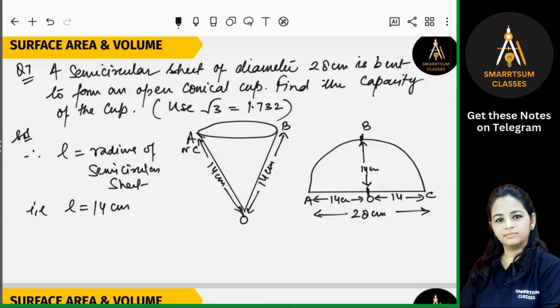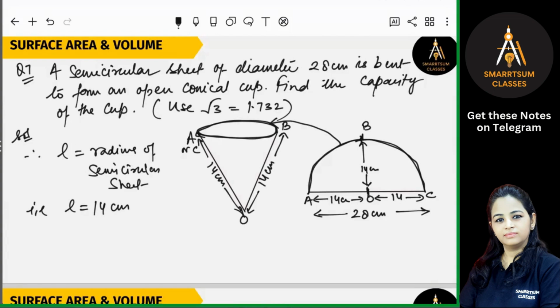One thing more which you have to notice here is the circumference of the base of the cone. Which part of your semicircular sheet will become the circumference of the base of the cone? That is the length of the arc. This arc ABC actually gets converted into this circumference of the base. So the circumference of the base is equal to the length of the arc, right?